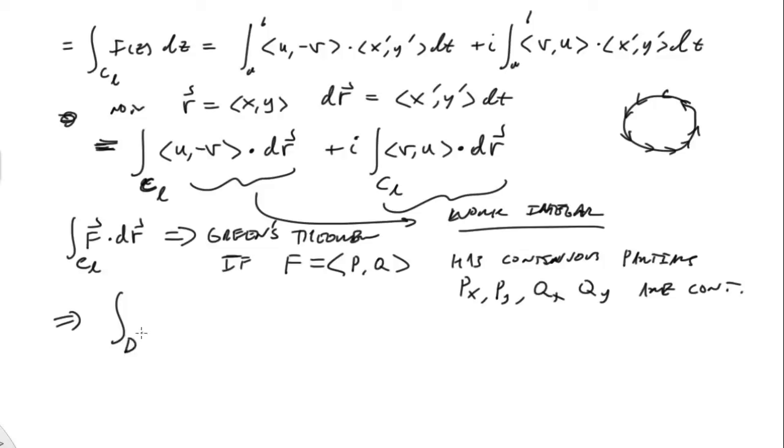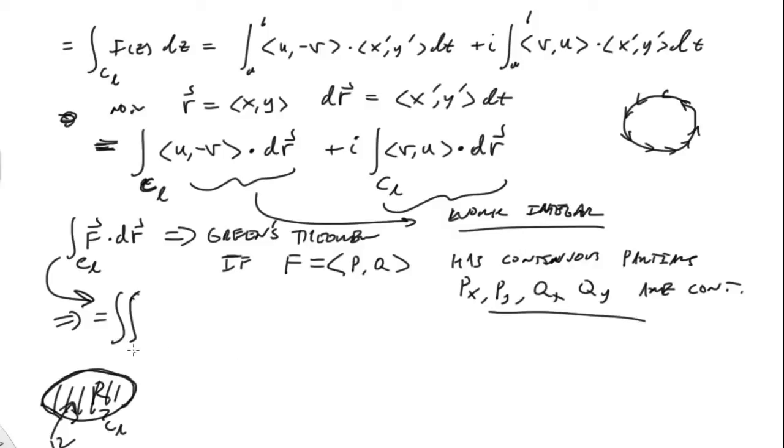Again, we have our path CL, and the region inside I'm going to call R. Then we can rewrite this work integral on the counterclockwise path going around, provided our partials are all continuous and exist on the domain, as a double integral, an area integral, over the region of the scalar valued function Qx minus Py dA.